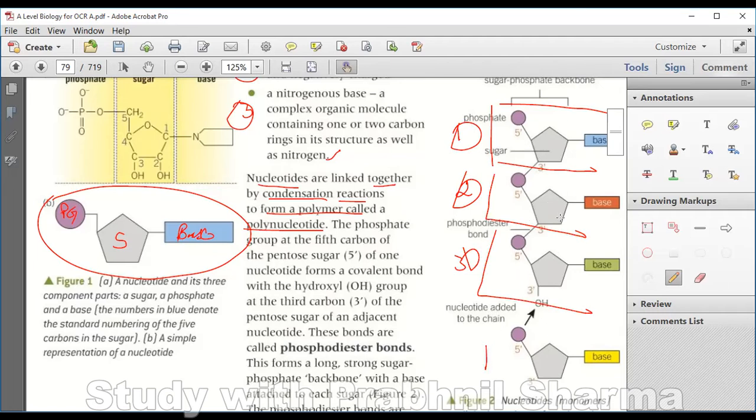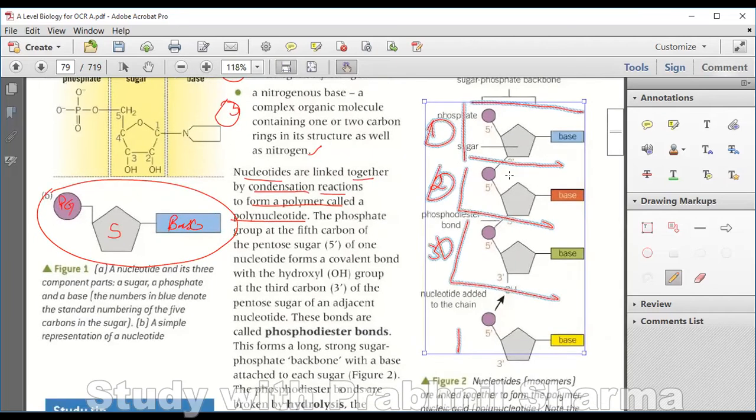And how are these three connected together? They are connected with this bond. Okay. So this one is known as a nucleotide. Nucleotides are linked together by condensation reaction and form a polymer known as polynucleotide.